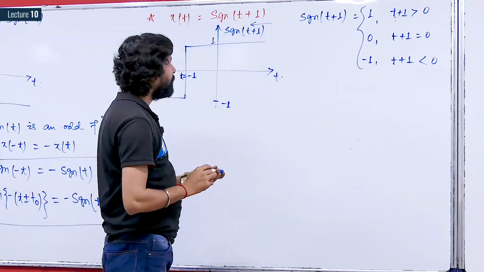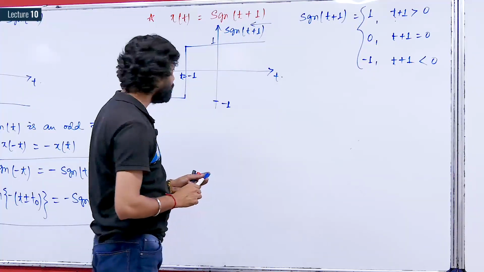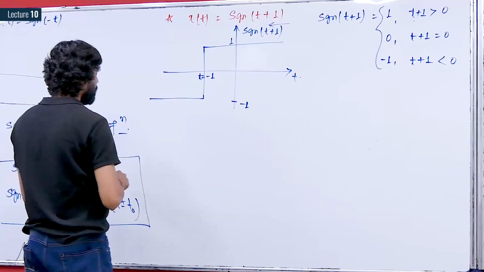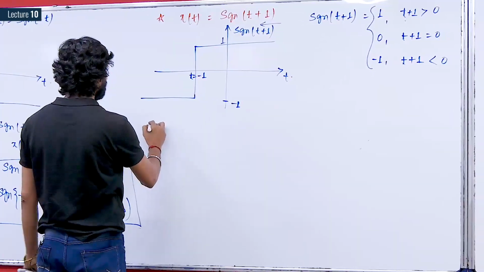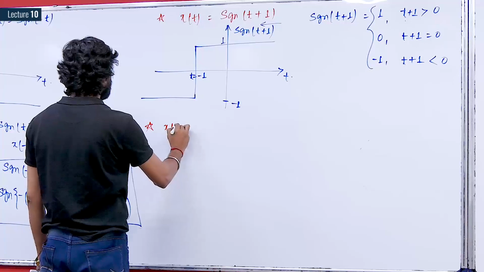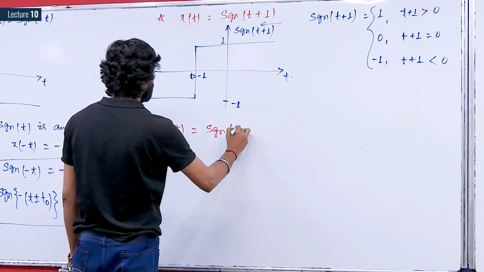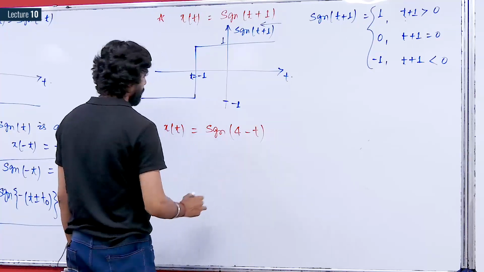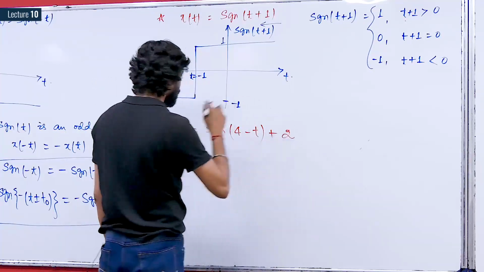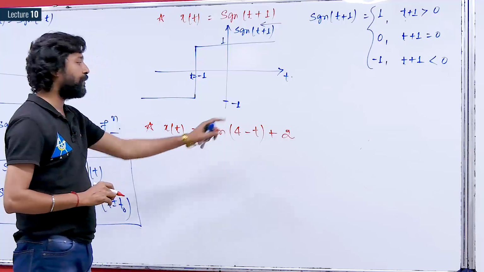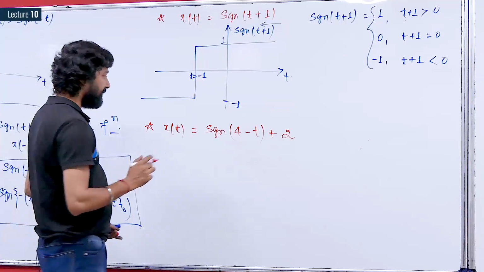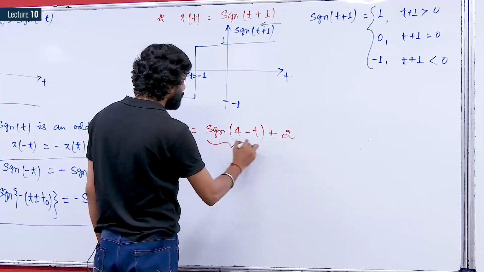Now, if we have to perform combined operations on this signum function, say we have to plot the signal x of t equals signum of 4 minus t plus 2. If we have to plot this signal, signum of 4 minus t plus 2, these can be considered to be two different signals.